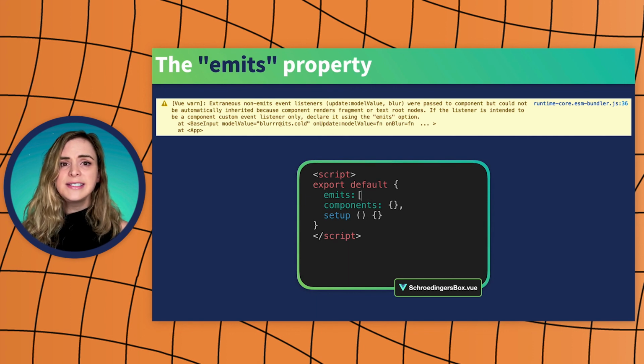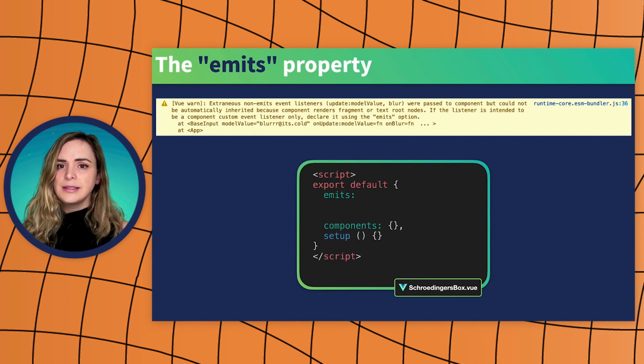A more advanced syntax similar to the one of props allows us to even set validators for these declared emits. So, for example, here by using an object format, we can add each of the emitted events as a key to the emits object. Then we can define it as null for now to avoid a validator like so.